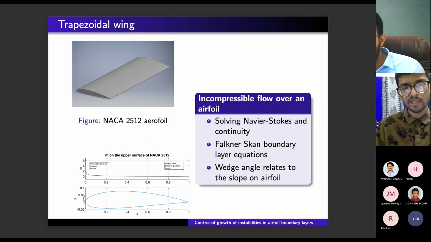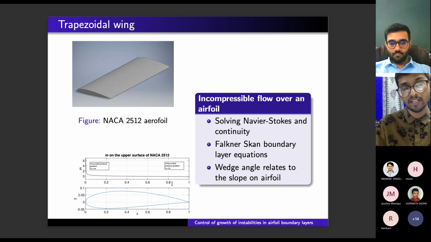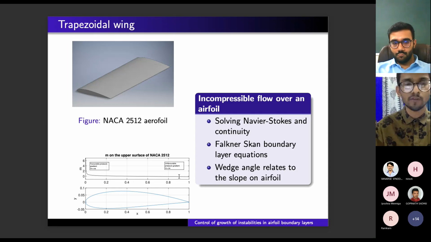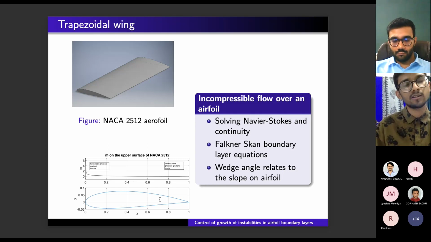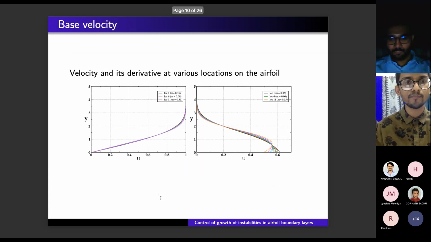Towards the leading edge, we have a positive value of m, and towards the trailing edge, we have a negative value of m. For those who have little knowledge of aerodynamics, we know that towards the trailing edge there is an unfavorable pressure gradient. So that is just something to keep in mind while seeing the transition mechanism, or while seeing the non-modal growth at this particular region, or for all the regions that we are considering.